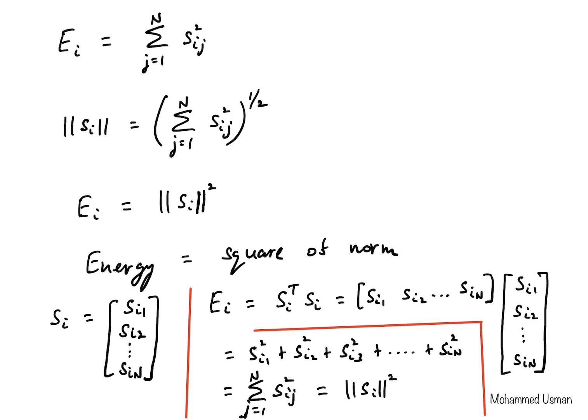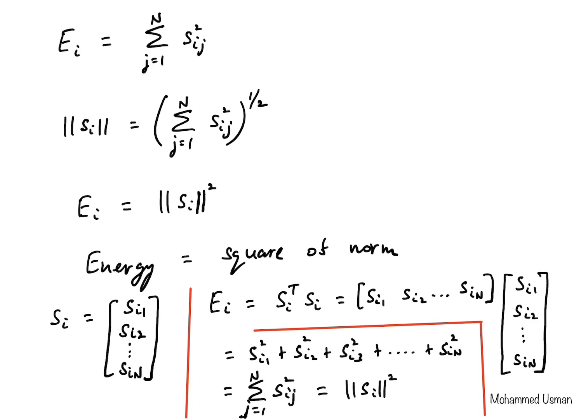In other words, the energy of the signal is nothing but the dot product of the signal with itself. So Si transpose into Si is the dot product of the signal with itself.